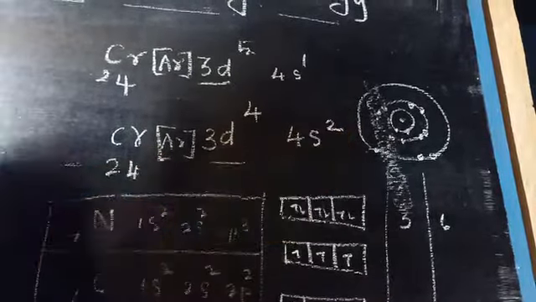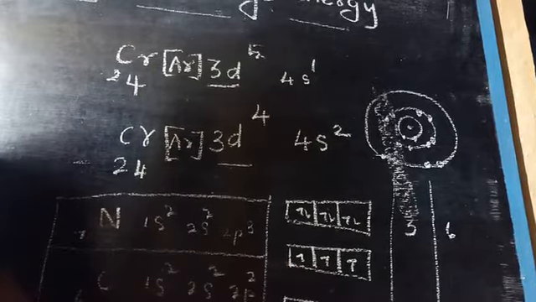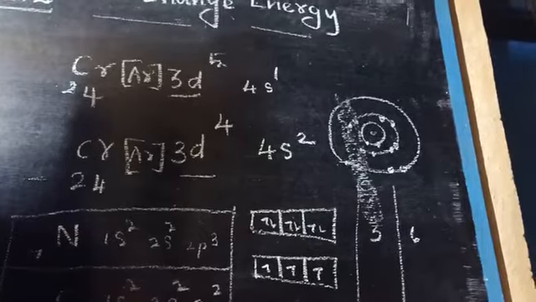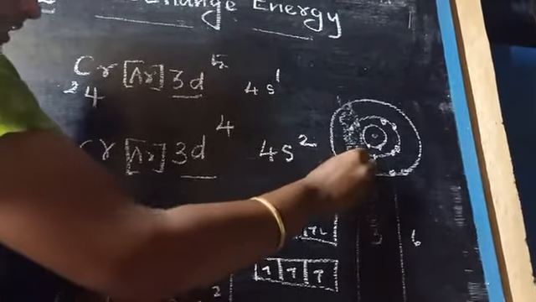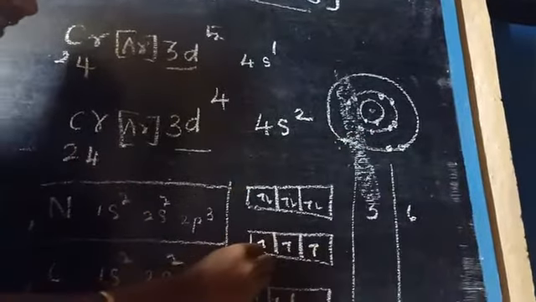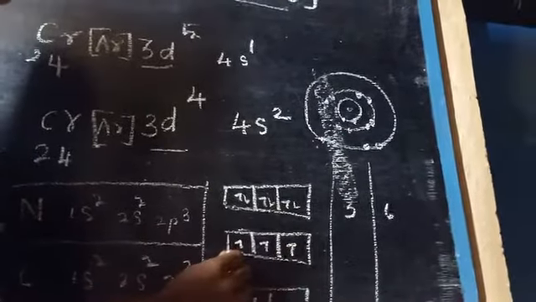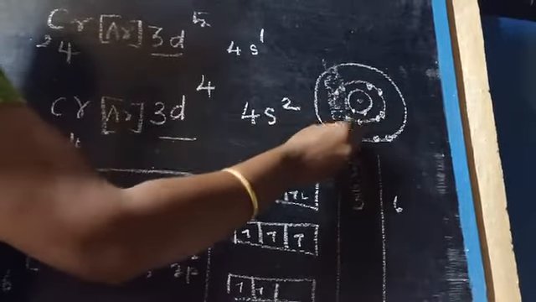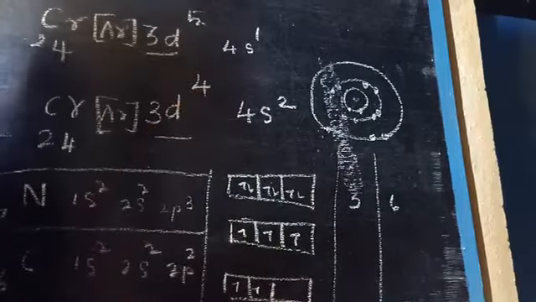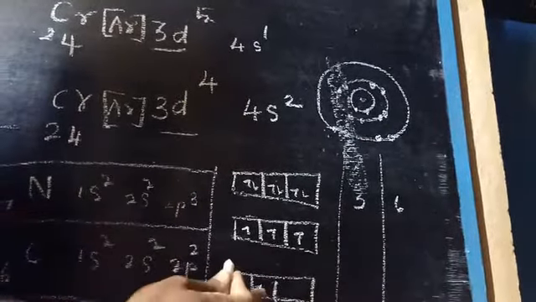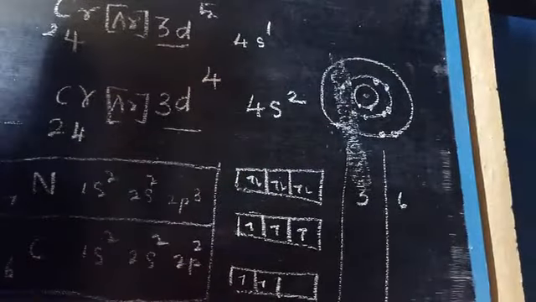In symmetrical distribution, especially half-filled, the shielding is less. Here shielding relates to attraction. In the half-filled configuration, the attraction between the nucleus and the outermost electron is more, so shielding is less. Shielding less means attraction is more.